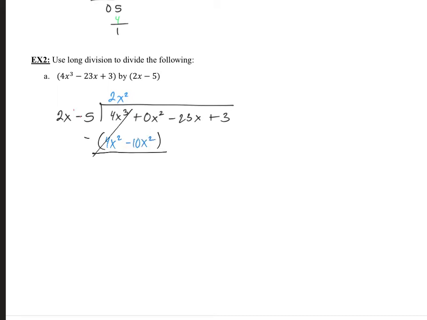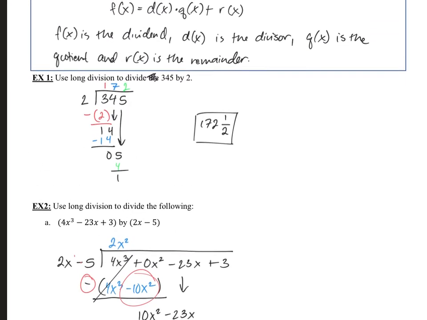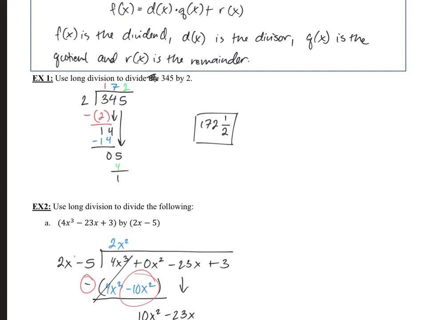We're doing the subtraction. Those cancel. Oops, that should have been a cubed. And then 0x squared minus negative 10x squared is going to give me the positive. Be very careful. Oftentimes there are small sign errors which can throw your problem off quite a bit. Okay, so that was the first cycle. Just like we did the first cycle up here. Now we do the process again.